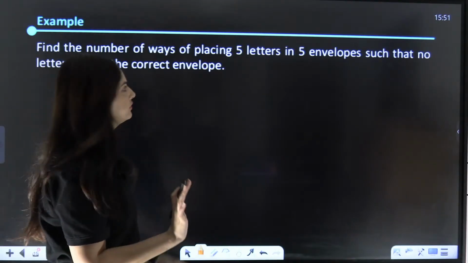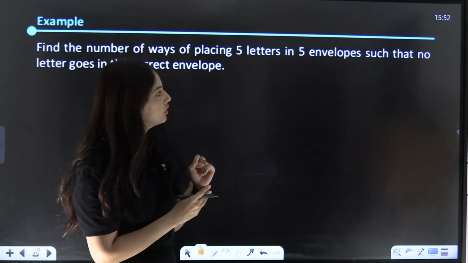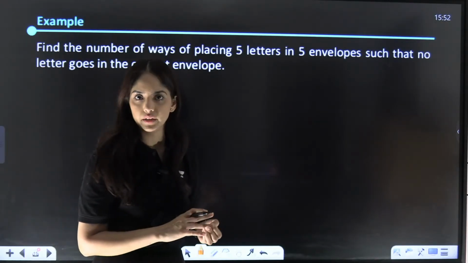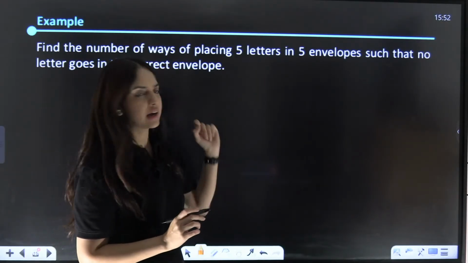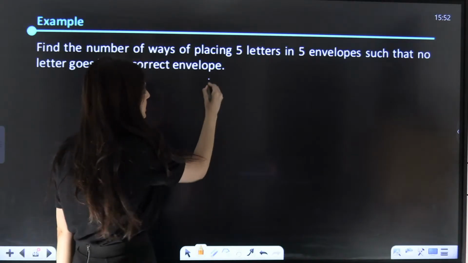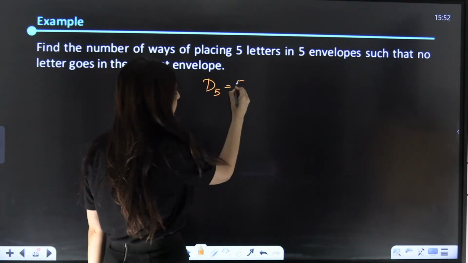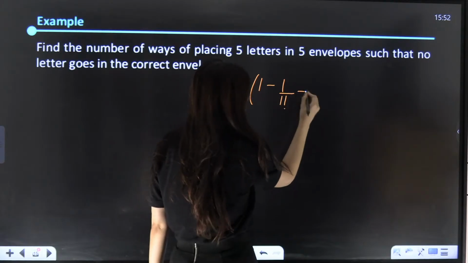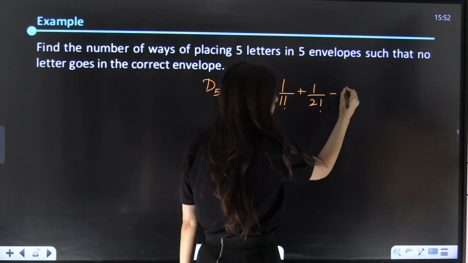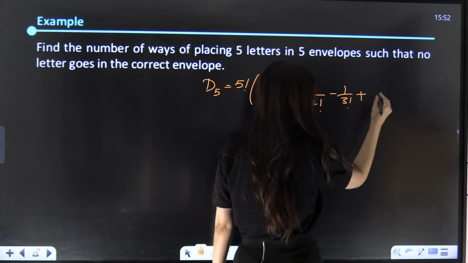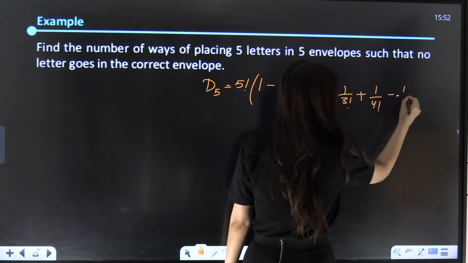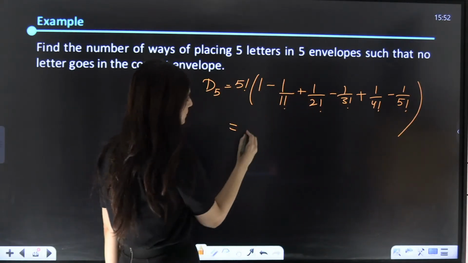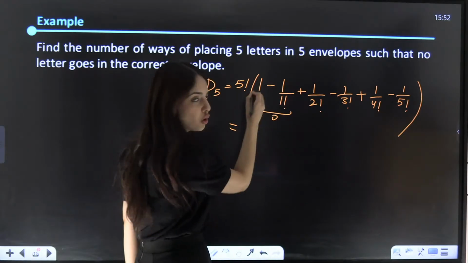First of all, find the number of ways of placing 5 letters in 5 envelopes such that no letter goes in the correct envelope, right? No correct envelope, that means it's D5. So you simply calculate 5 factorial times (1 minus 1 by 1 factorial plus 1 by 2 factorial minus 1 by 3 factorial and so on). The first two terms cancel to 0.